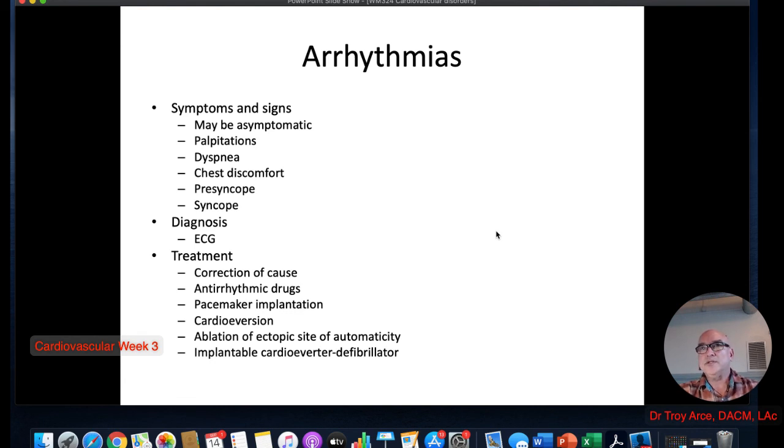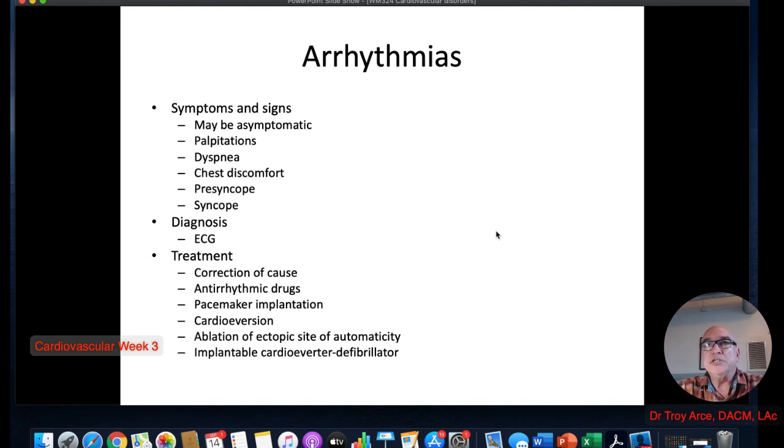Treatment. We've got to do the correction of cause. Can we make a change in these folks? Yeah, we can. It's got to be a serious lifestyle change. And eventually we can get them off these antiarrhythmic drugs. But if the damage has been done, sometimes it's just too late, right? So if it gets too bad, they put them on the drugs and they give them the pacemaker, and then they can do cardioversion.